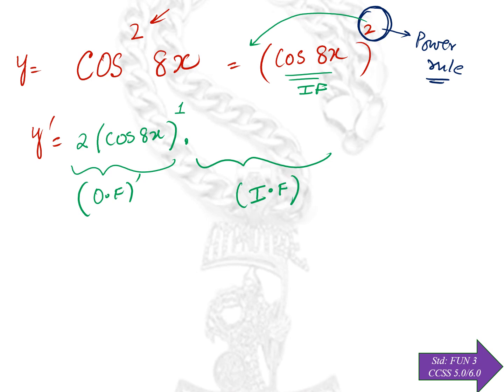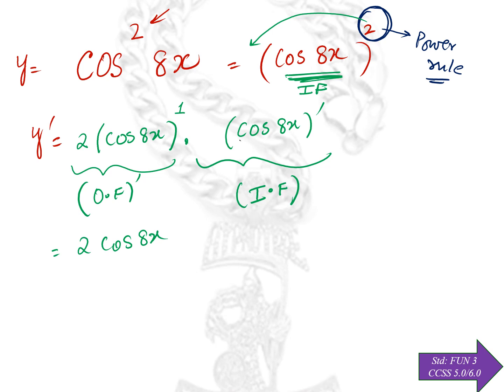So what is the inner function? It's not only 8x. This whole bracket, cosine 8x, is our inner function. So write down cosine 8x with the prime. Now the outer function derivative we have already taken, so we will copy it down. Here again cosine 8x is a composite function.